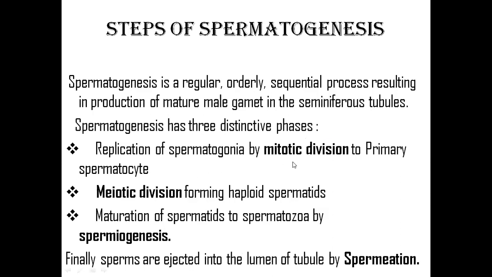One is the replication of spermatogonia by mitotic division to primary spermatocyte. So this spermatogonia initially undergoes a number of mitotic divisions, replicational divisions, and this occurs throughout the childhood, even before the male reaches adulthood or puberty.